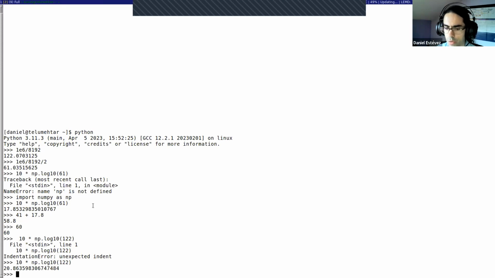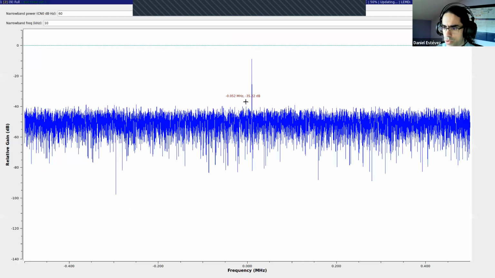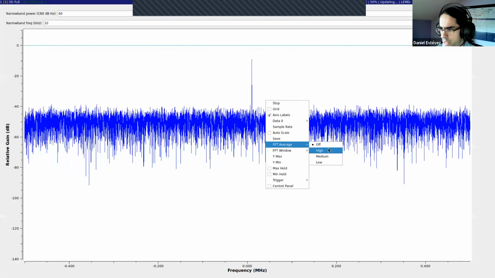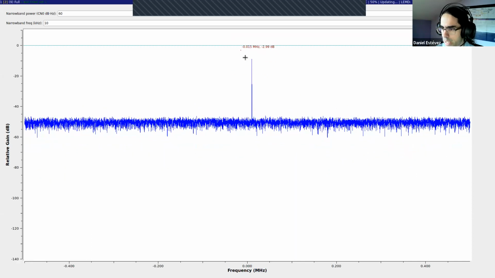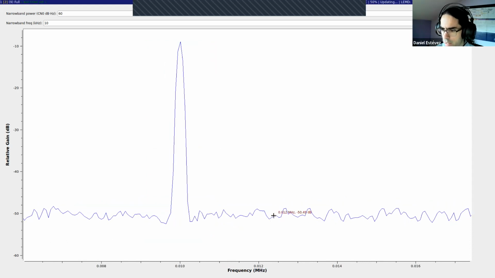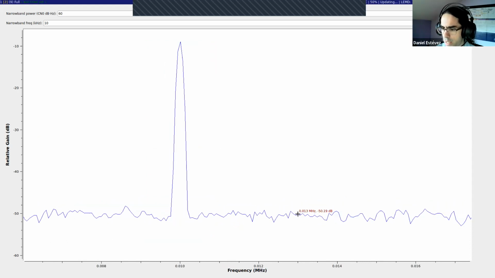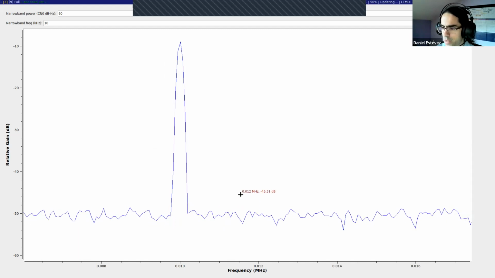So there is an error of 1.2 dB. And maybe let's try to discuss a little bit why we get an error of 1.2 dB. The first reason why we get an error is pretty clear. The noise is so jumpy, I would need to average out both over time and over frequency.